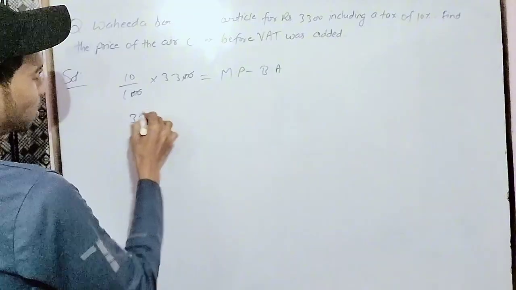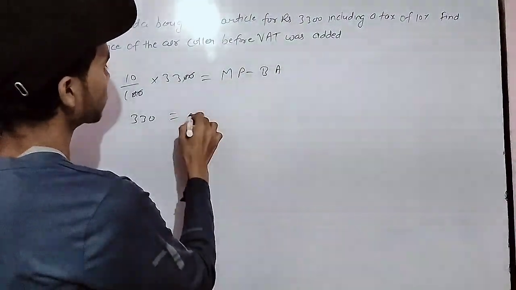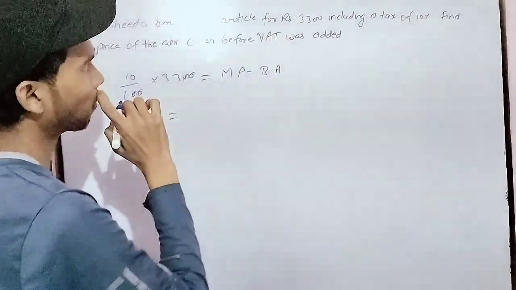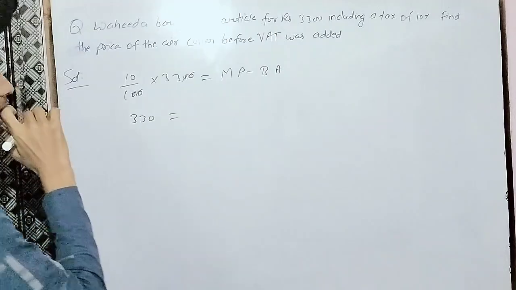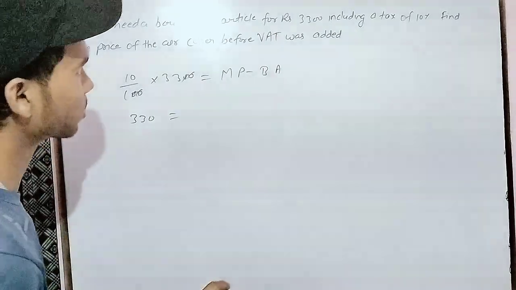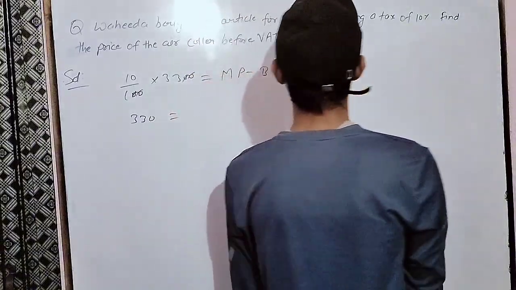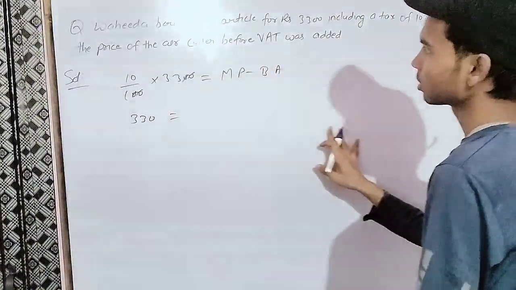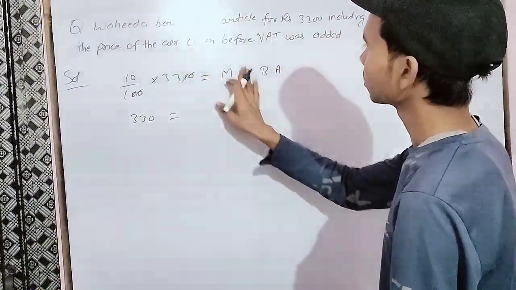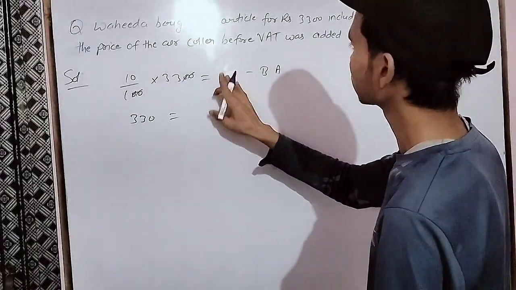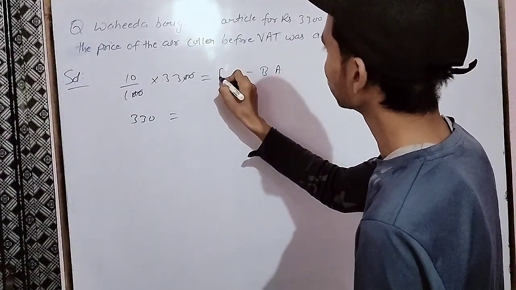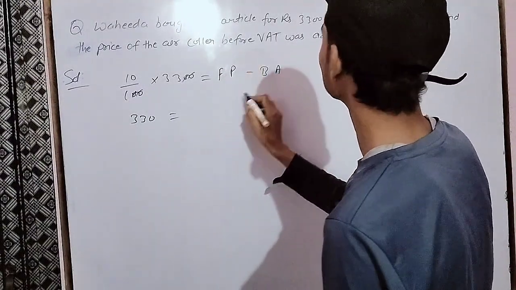This is how much? 330. Market price is how much? We don't know the market price. Final price. Okay, final price.